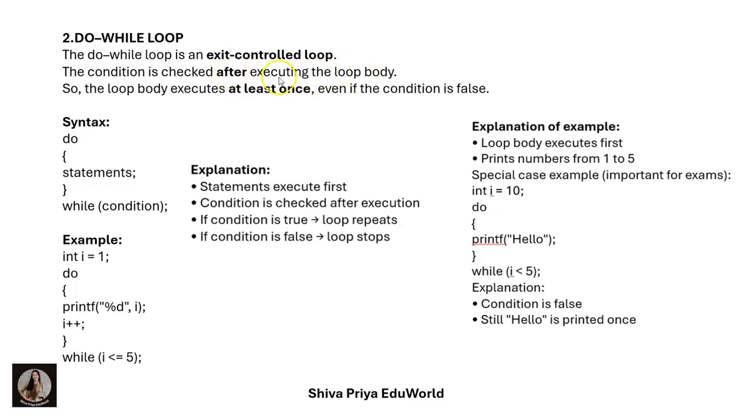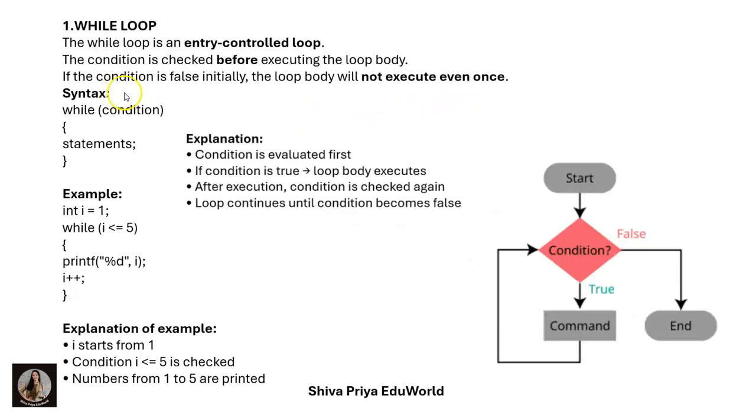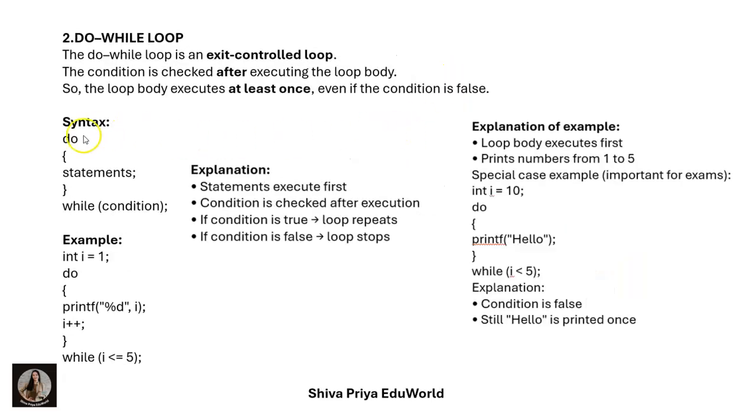That's why at least once the loop body executes, even if the condition is false. But in the while loop, if the condition is false initially, the loop body will not be executed even once. This is the major difference that you have to remember.